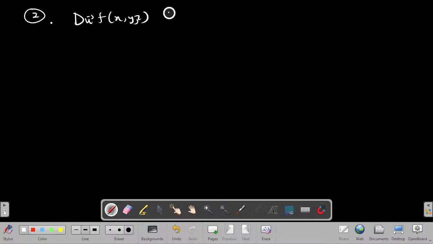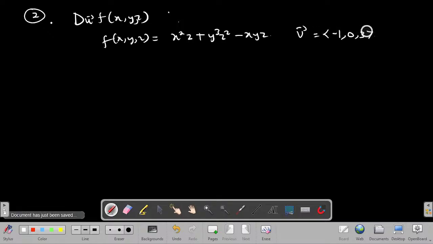The problem says f(x, y, z) is given as x squared z plus y cubed z squared minus xyz, and my vector is given as (-1, 0, 3). Here, we realize that they've given us our vector, but it is not the unit vector in that direction.